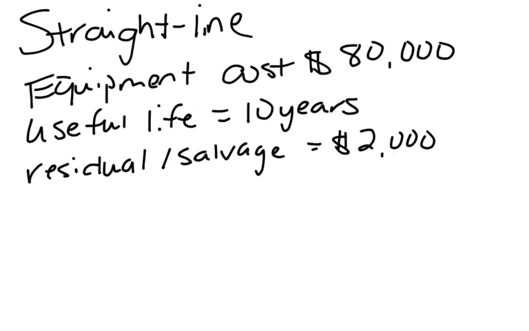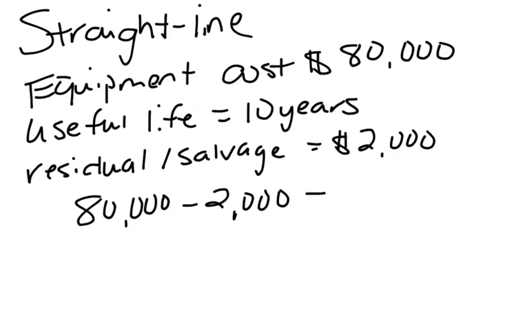And then this third component, residual or salvage value. This is our estimate of the value or the cost that we want to leave over at the end of the useful life. So if we take your cost, the $80,000, and subtract any residual that you might have, now if you don't have any, then you would be subtracting zero, so the cost would be the same. That gives me obviously $78,000.